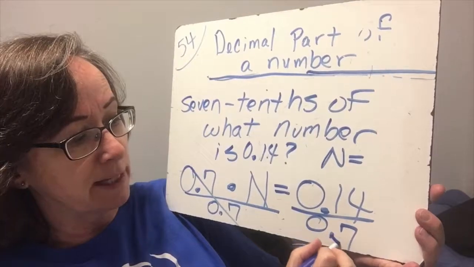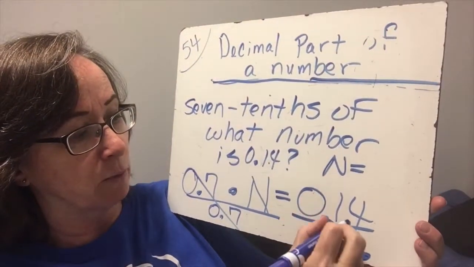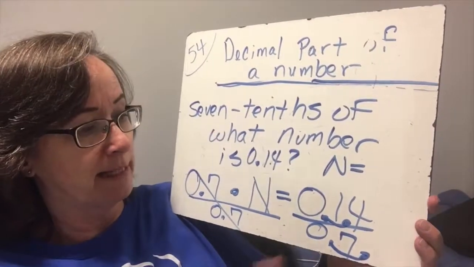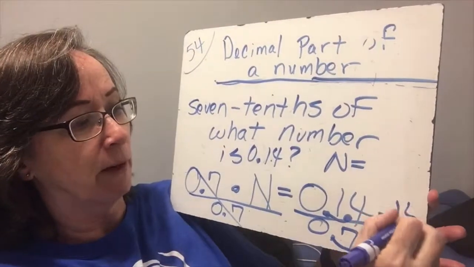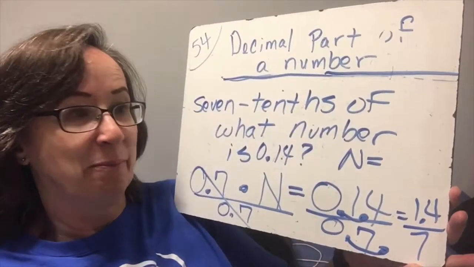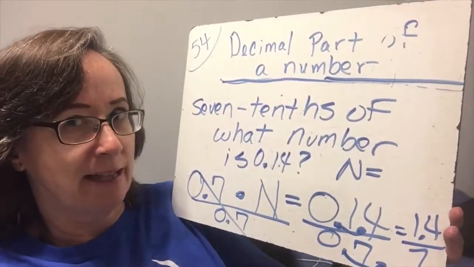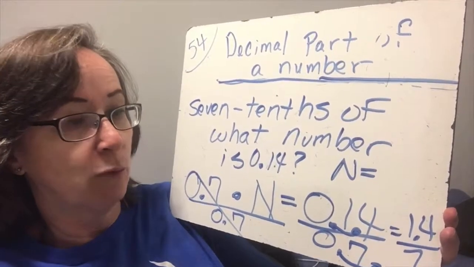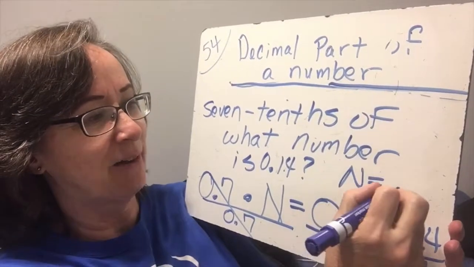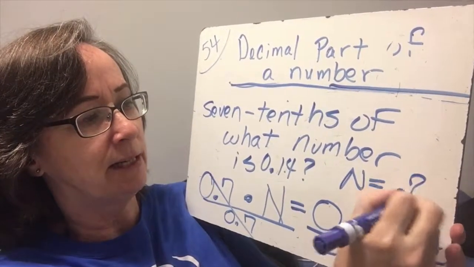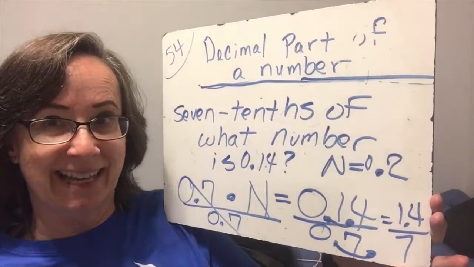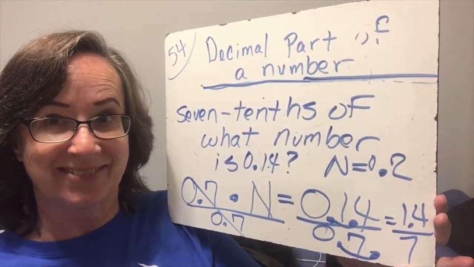So we're going to move this one to the right and move this one to the right. And so now we have 1.4 divided by 7, and 1.4 divided by 7 is going to be what? Since 14 divided by 7 is 2, then wouldn't 1.4 divided by 7 be 0.2? So n is going to be 0.2. And if you want to put a 0 in the front, you can. So 0.2 is the answer to your first practice.